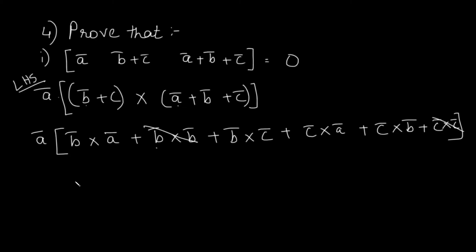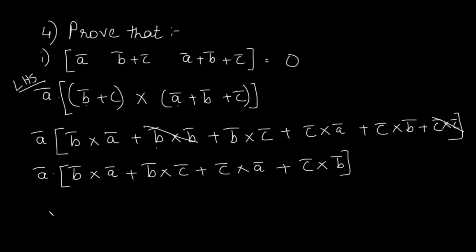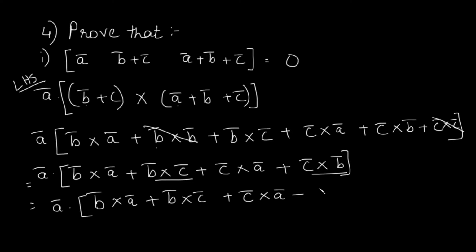C cross C is also 0 in this case, and therefore we have A dot B cross A plus B cross C plus C cross A plus C cross B. Now we can write it this way: A dot, as we see, B cross C and C cross B can be written as minus B cross C. So we write over here B cross A plus B cross C plus C cross A minus B cross C. Therefore, B cross C minus B cross C goes away as 0.